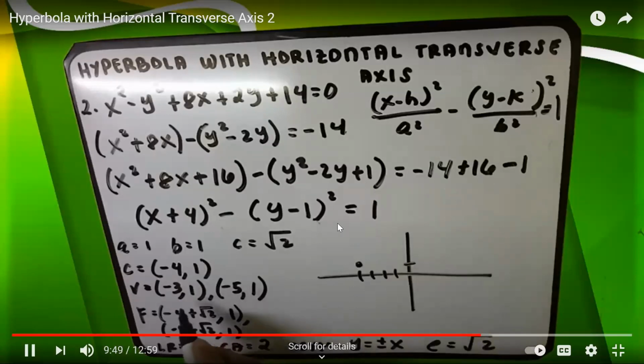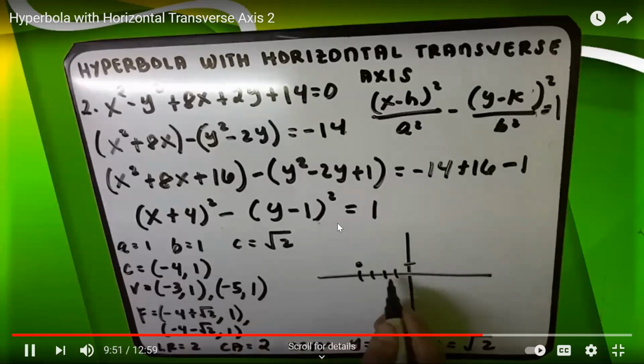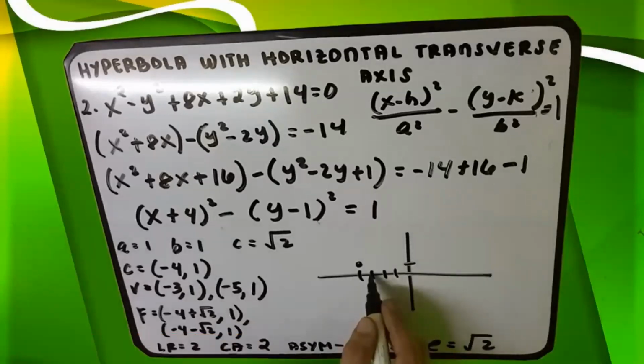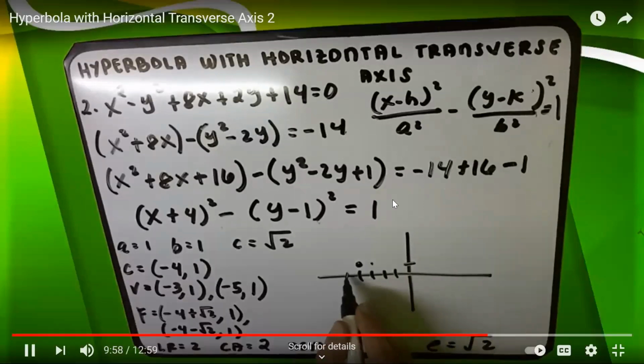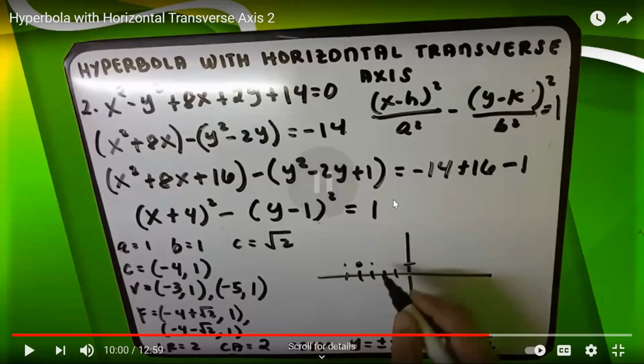Vertices natin ay negative 3, 1 and then negative 5, 1. Question sa plotting the vertices, negative 3 and 1. So we have the center.